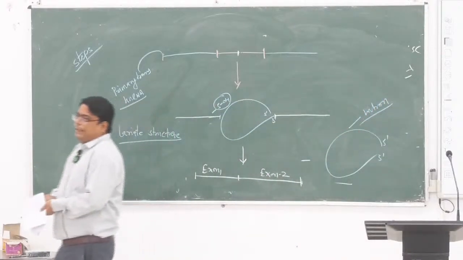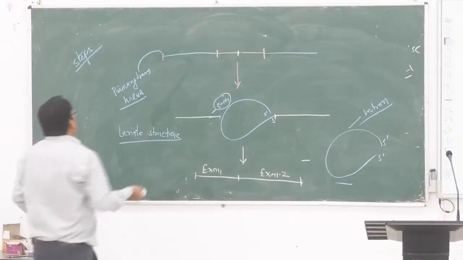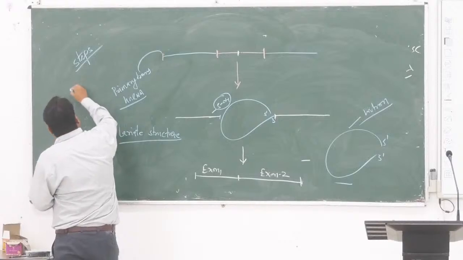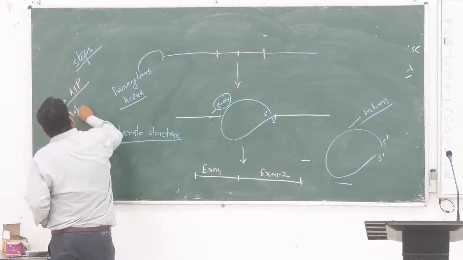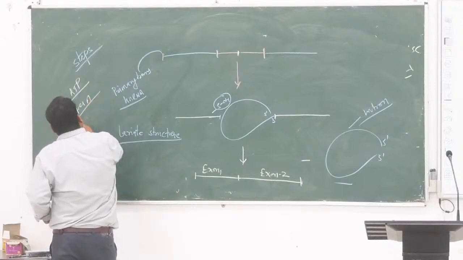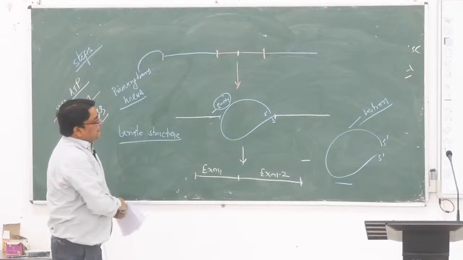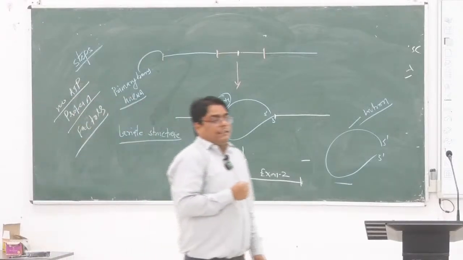It is a self-mediated process. Self-mediated means there is no requirement of ATP. No protein is required and no other factors are required. This is called self-mediated splicing.